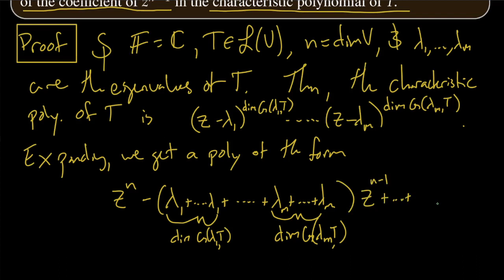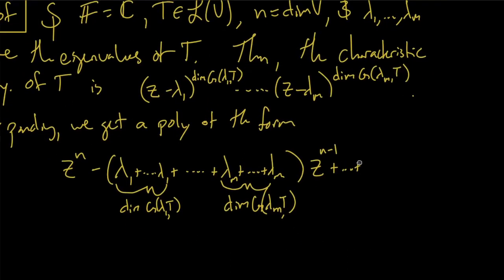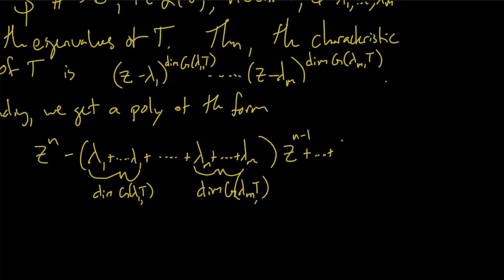And then there's a whole lot of other terms, and then we get down to the last bit, which is the product piece. This will give you lambda_1 multiplied by itself, repeated dim G(lambda_1, T) times, the dimension of the generalized eigenspace.